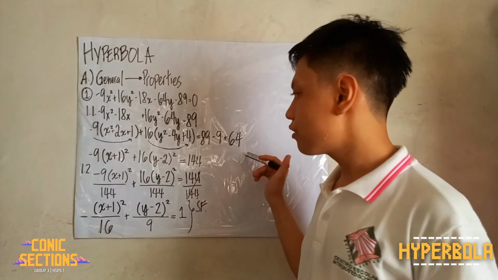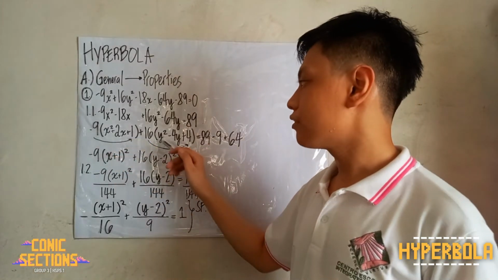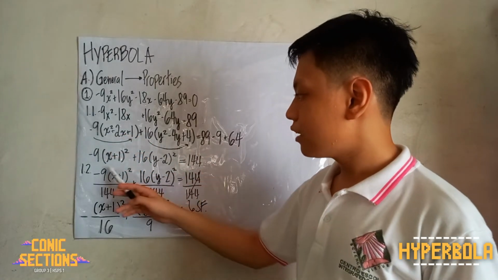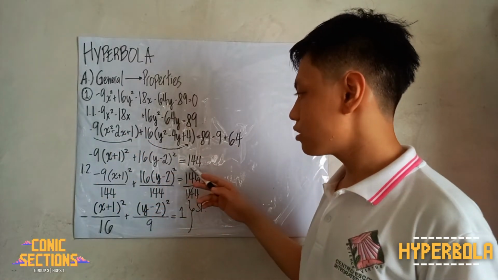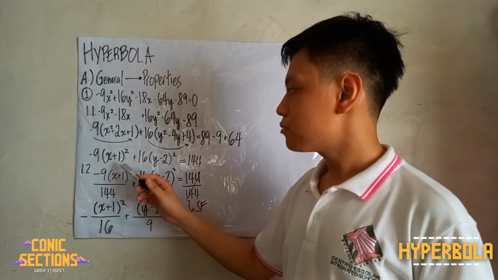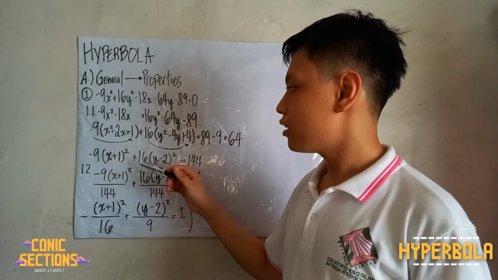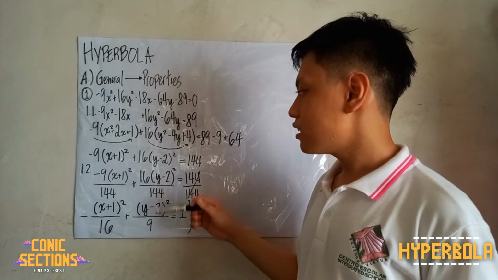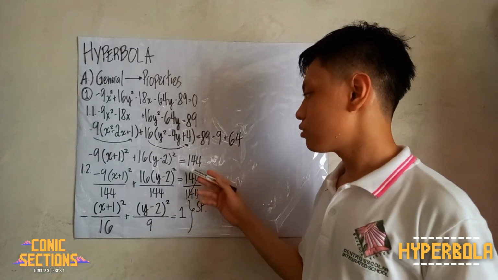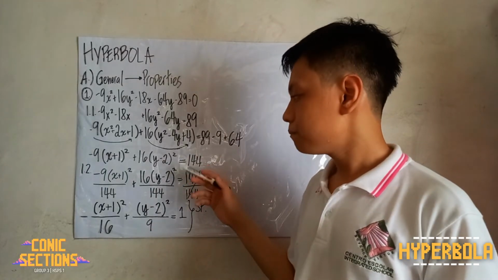So solving for this, as well as factoring these quadratic expressions, we're left with this equation. We have negative 9 times the quantity (x + 1)² plus 16 times the quantity (y − 2)² is equal to 144.